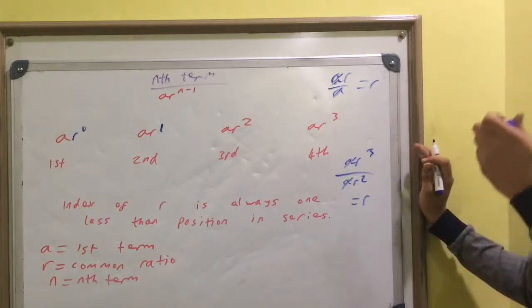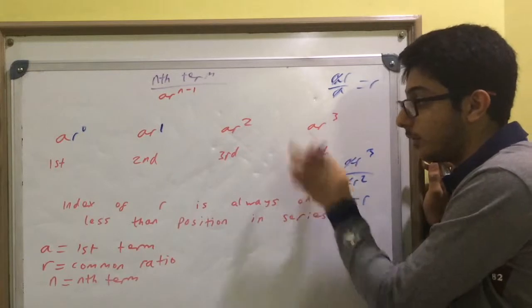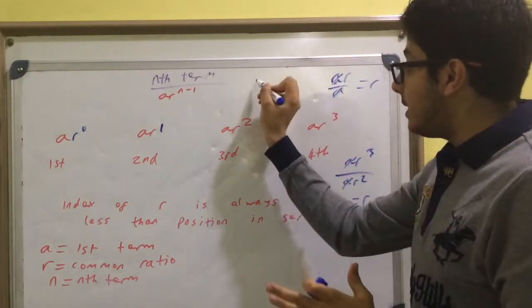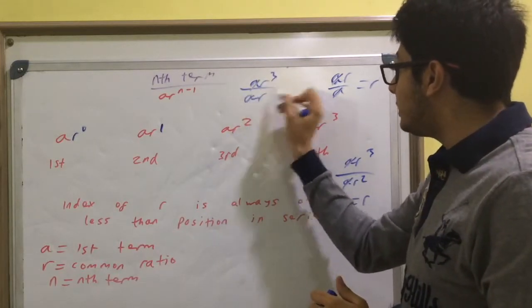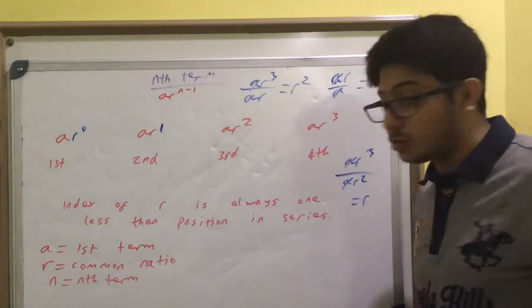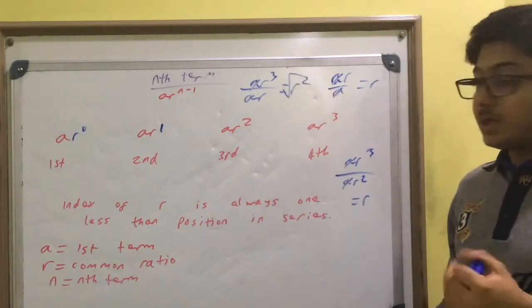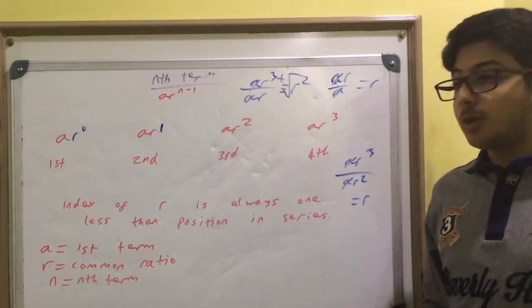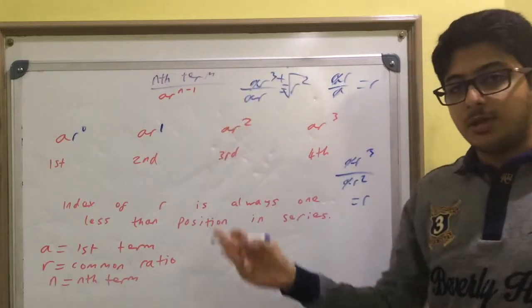If in the exam they give you, say, only the second and the fourth, so it's not one term and its previous term, then if you divide them, it is going to give you the common ratio squared. So to find the actual common ratio, you have to square root it. But then it could be the positive or negative square root. So they'll probably tell you R must be bigger than 1 in the exam or something like that to narrow it down.